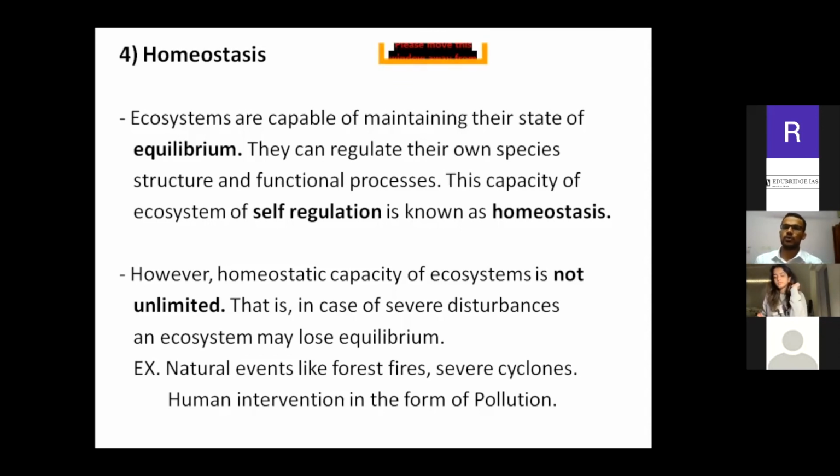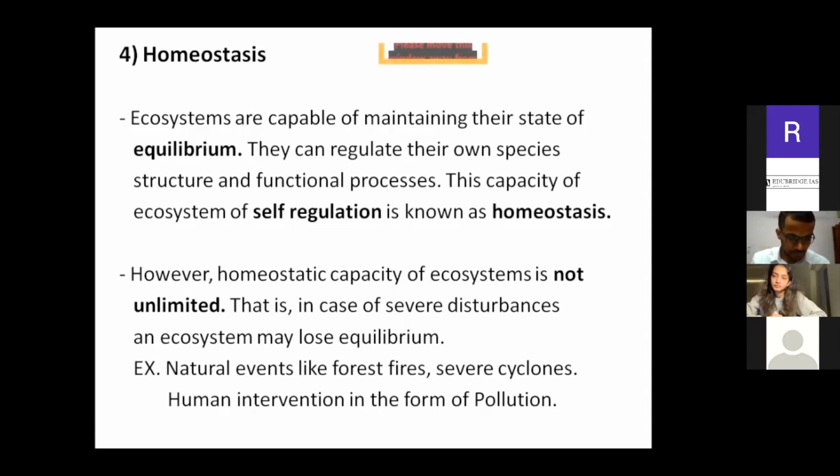Fine. So suppose we are traveling from forest to deserts. As we move away from forest, we will see the fall in the number of trees, and we will encounter more grasses. Fine. So one species' numbers fall and other species' numbers will increase.